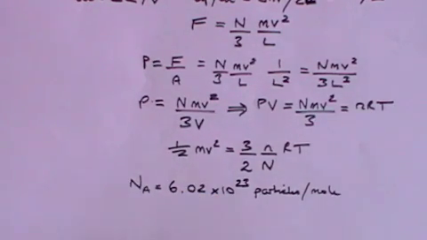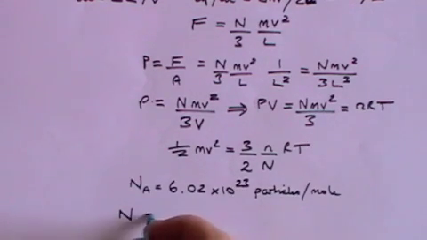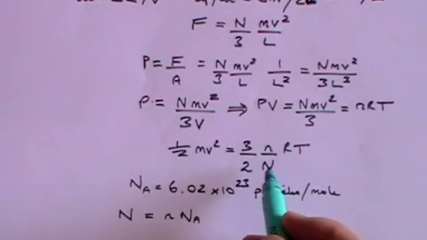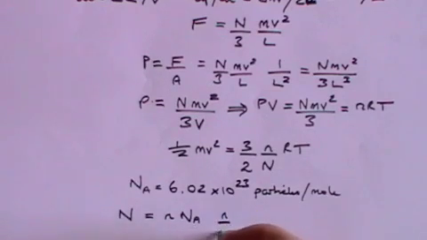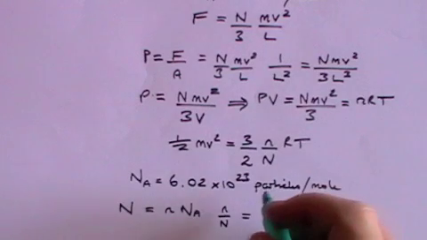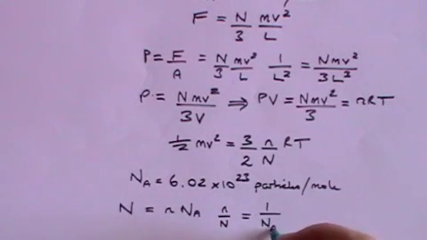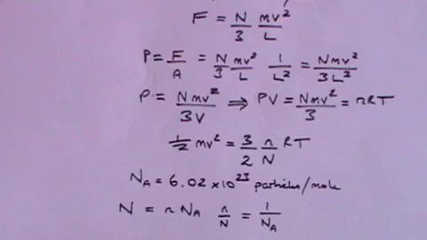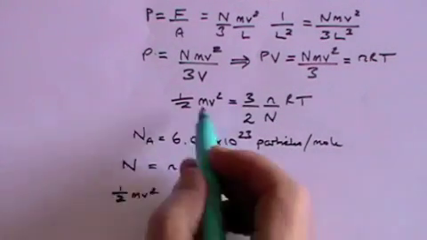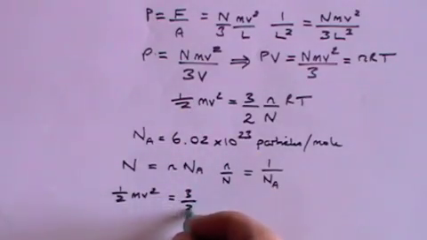So now we can write that the total number of molecules in the box is equal to the total number of moles times the Avogadro number Na. And that means that N divided by n, this term here, is equal to 1 divided by the Avogadro number Na. So now we can write that the energy, which is half mv squared here, equals 3 over 2.